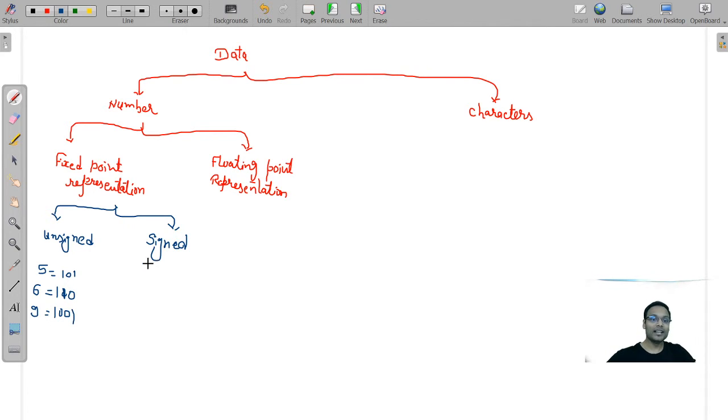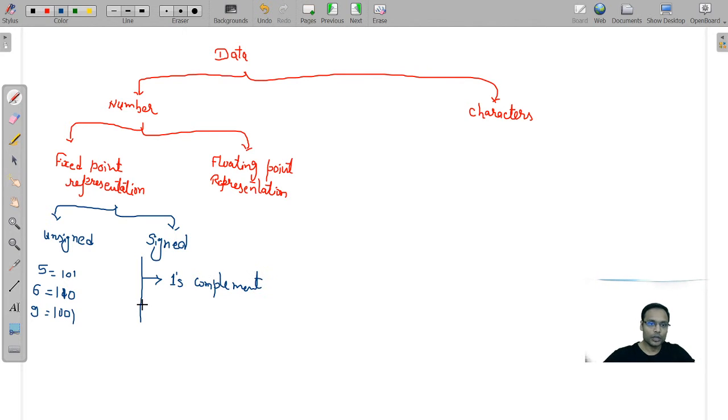If it's a signed number, then signed number representation has three types. What are they? First is one's complement.